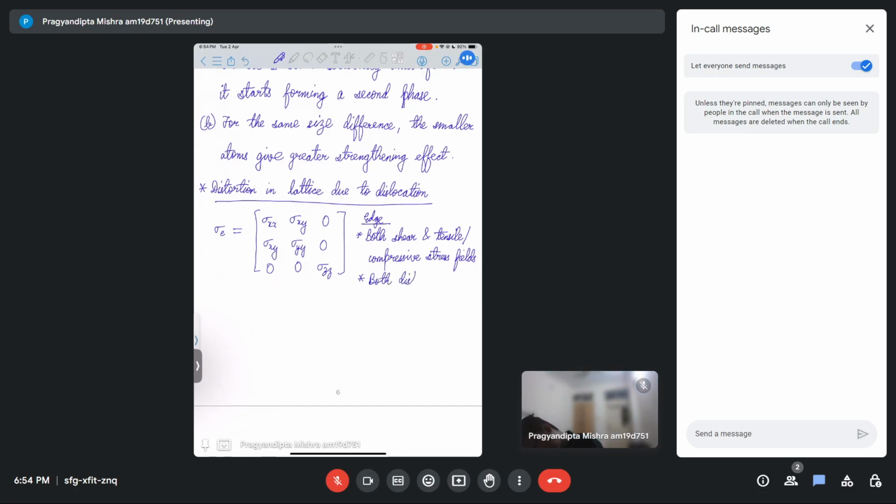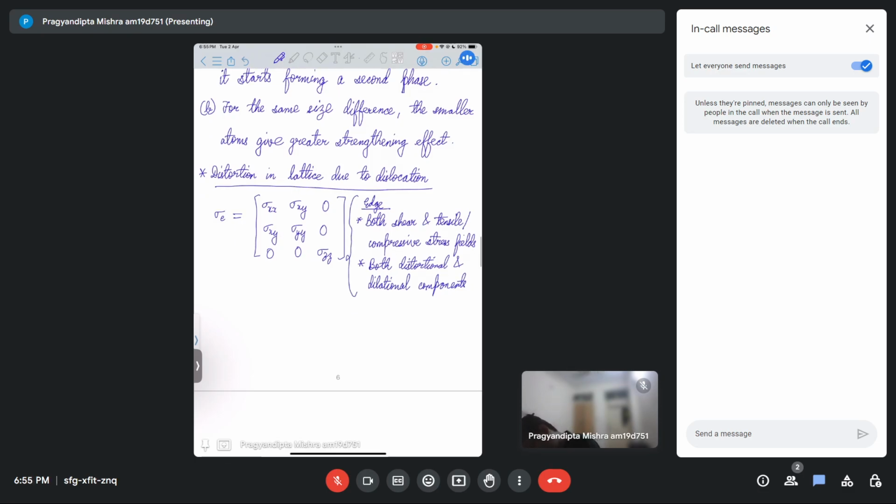Both distortional and dilational components. This is edge. And let's come to screw.